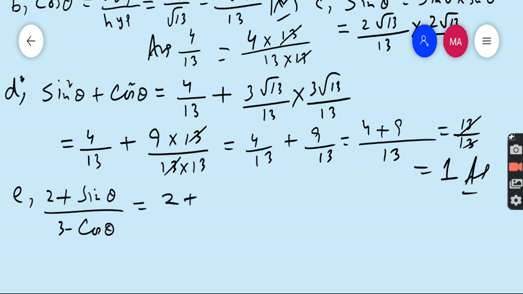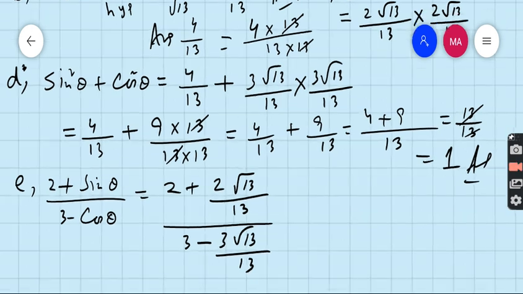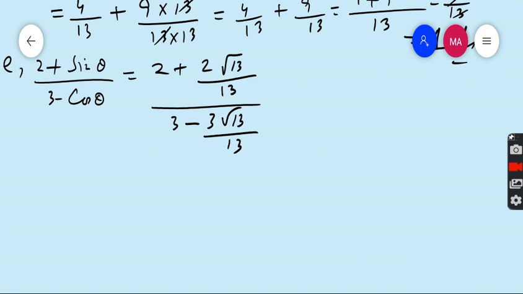So 2 plus sine theta, we found in part A, which is 2 root 13 upon 13, upon 3 minus cos theta, which we found in part B, which is 3 root 13 upon 13. It's time to simplify this, either with a scientific calculator, or you can do this verbally.